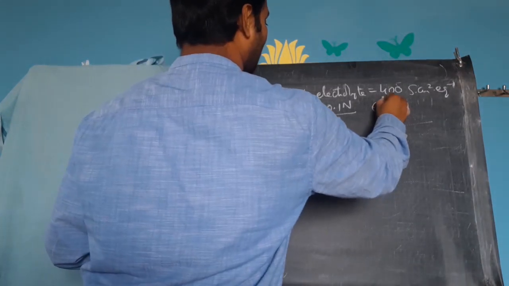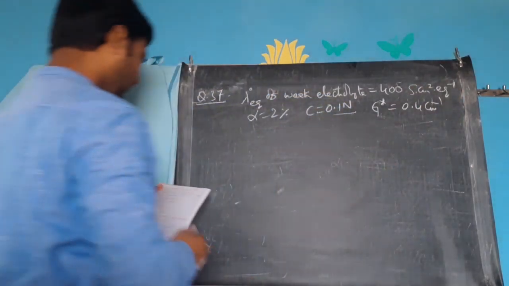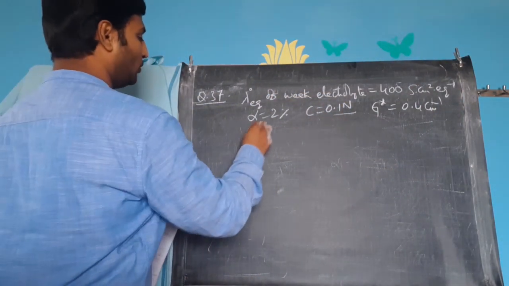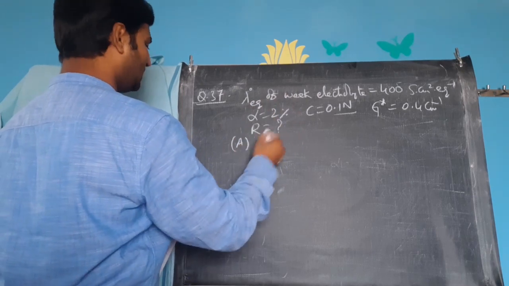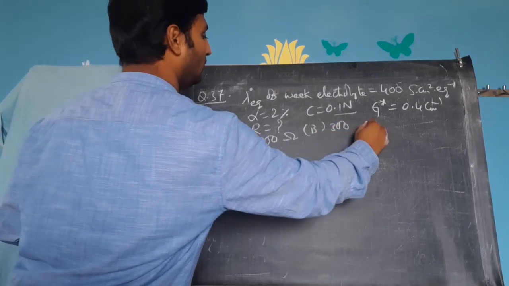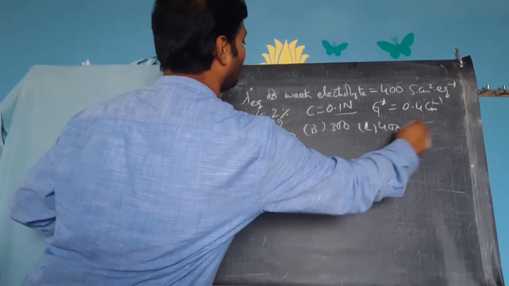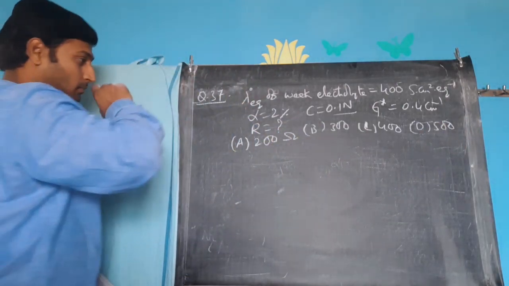And cell constant is given to you as 0.4 centimeter inverse. Now he is asking how much would be the resistance, and options he has given you. Resistance units are ohm, so 200 ohm or 300 ohm or 400 ohm or 500 ohm. Options are quite comfortable, no issues.